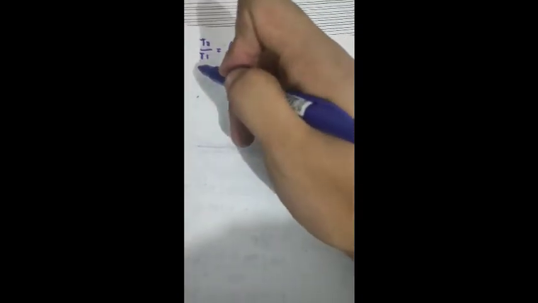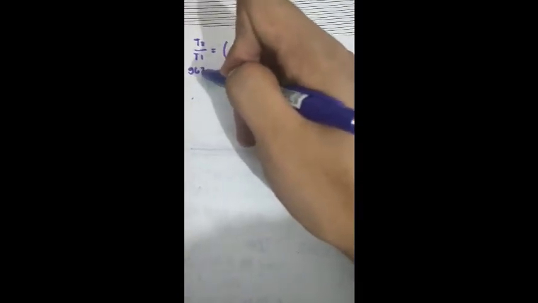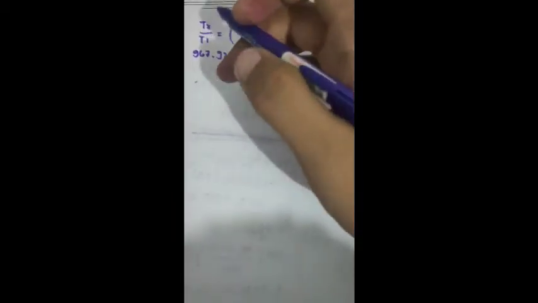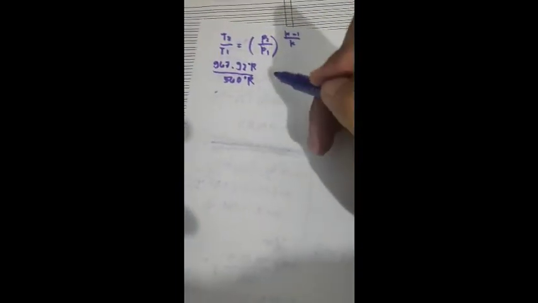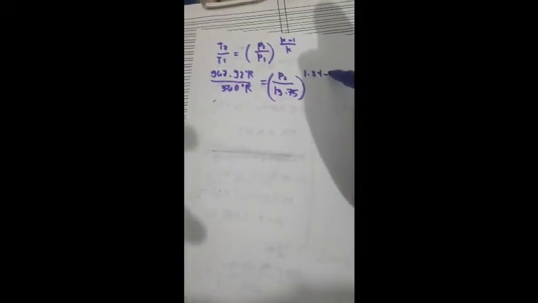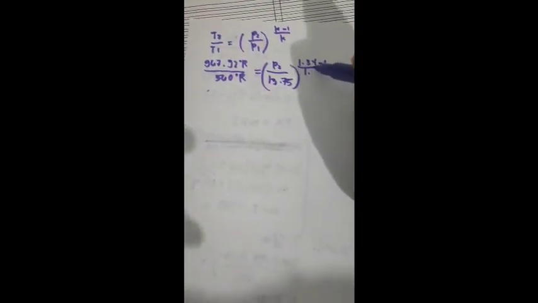You substitute all the data here: 967.92 degrees Rankine over 560 degrees Rankine is equal to P2 over 13.75, raised to (1.34 minus 1) over 1.34.